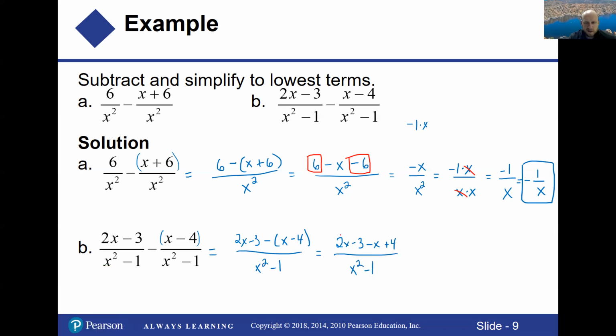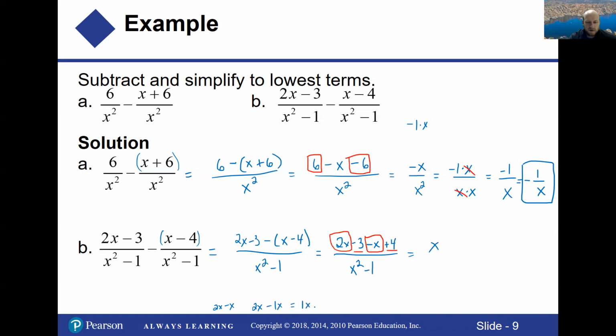And then at this point, you're going to combine like terms. So we have this 2x and this negative x. And we have a minus 3 and a positive 4. So the 2x minus the x, what is 2x minus x? 2x minus x is just x, right? 2x minus x is the same thing as 2x minus a 1x.